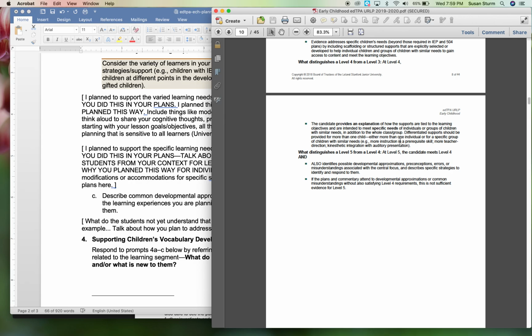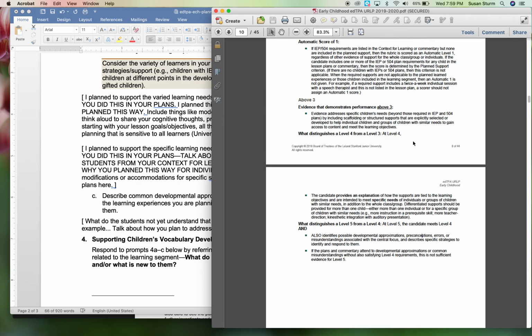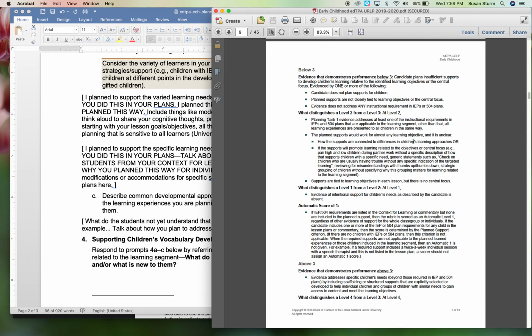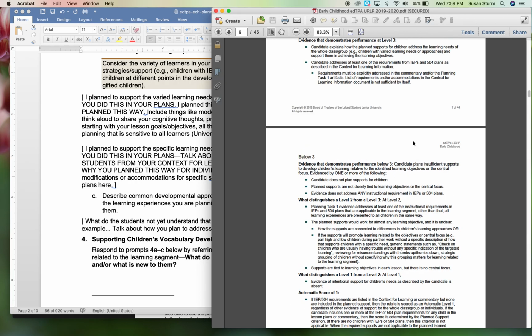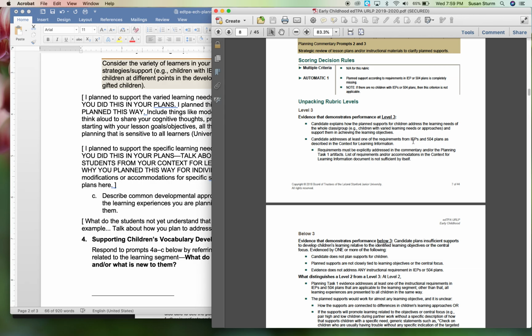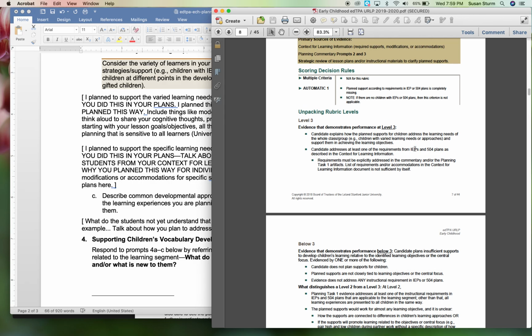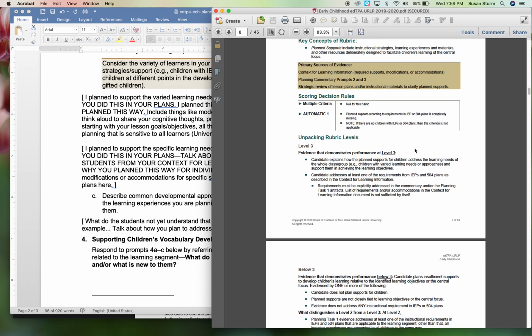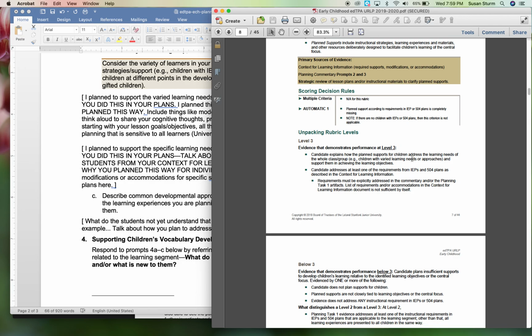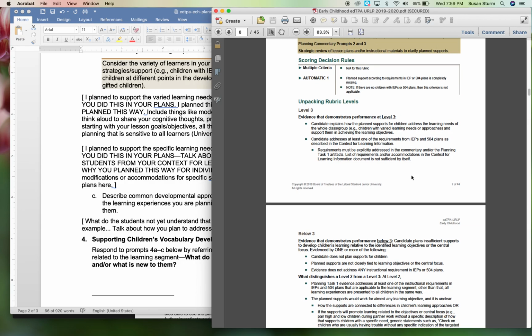So this one, going back up to here for just a second, I noticed that a difference here seems to be learning needs of children whole group. So the difference between a level 3 and 4 seems to be in how you're addressing other than the whole group.